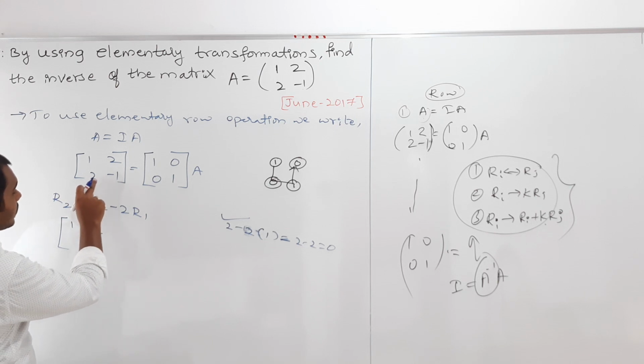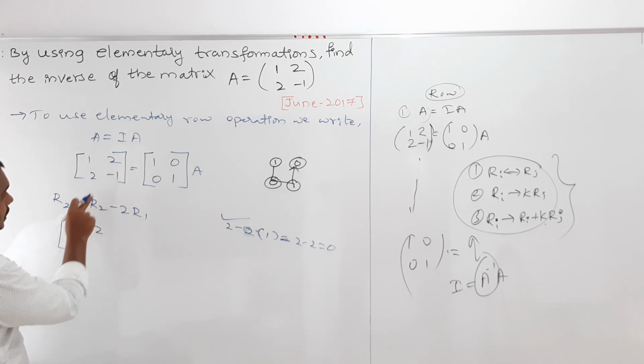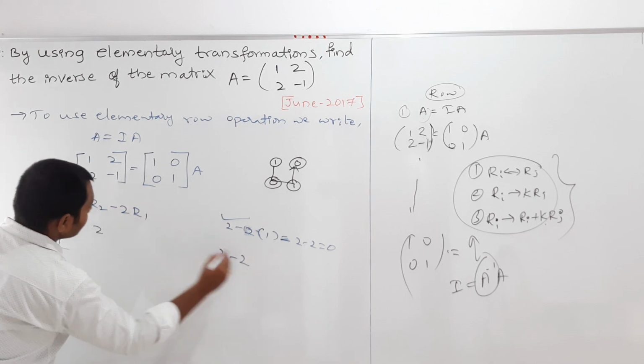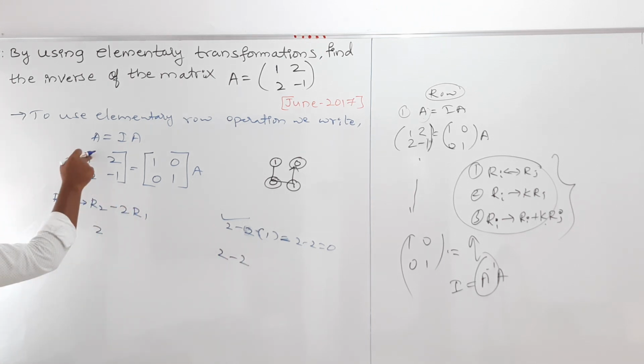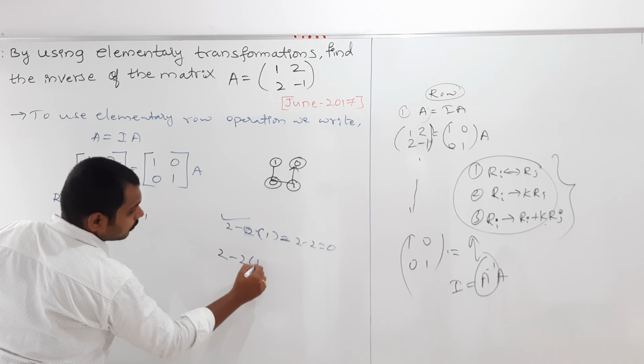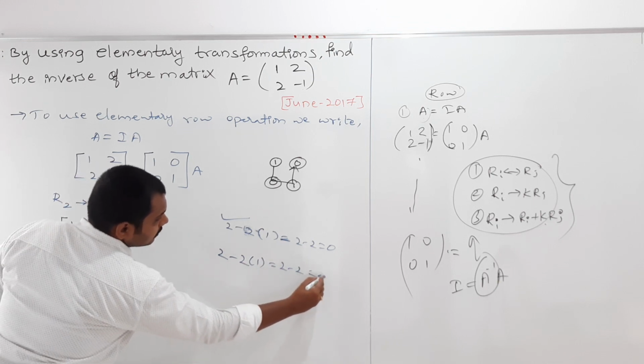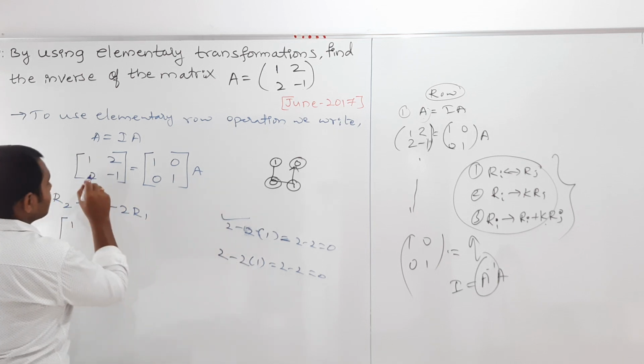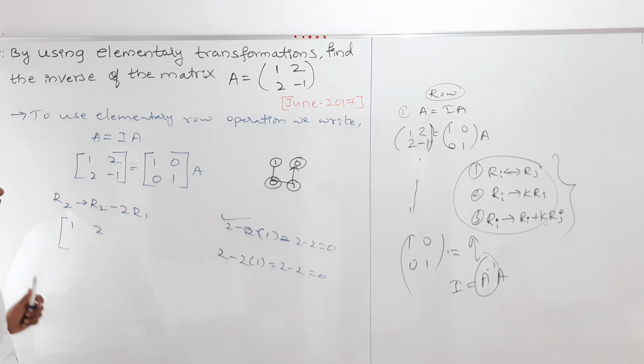Row 2 changes to row 2 as it is, minus 2 into row 1. In the place of row 1, the element is 1. So 2 minus 2 is equal to 0. After writing this rule, once again you should check whether this element is becoming 0 or not. Now it is becoming 0.